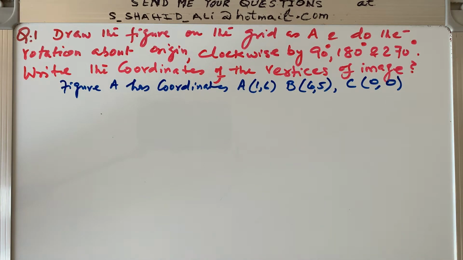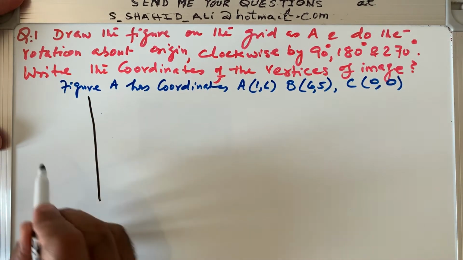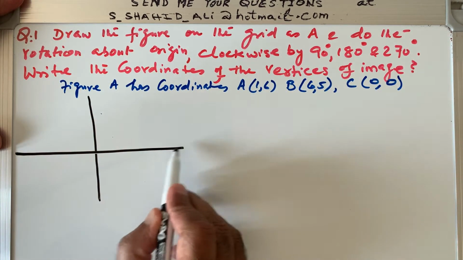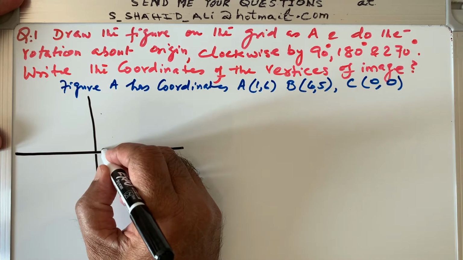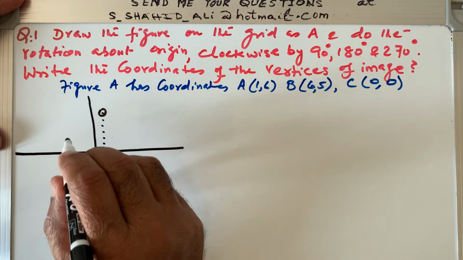And figure A has the coordinates (1, 6), (6, 5) and (0, 0). So that means first of all we have to draw the figure, and the coordinates are given, right? So we will draw them. So (1, 6): 1, then 1, 2, 3, 4, 5, 6. So this is (1, 6).